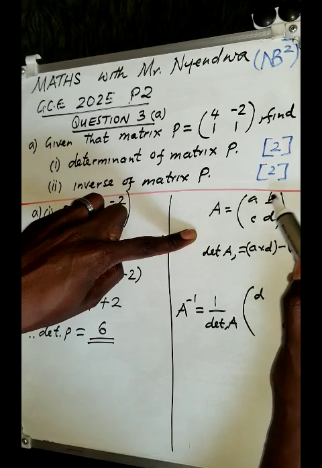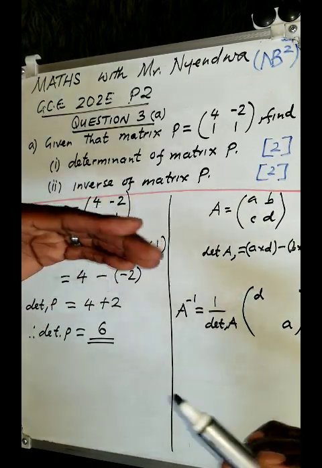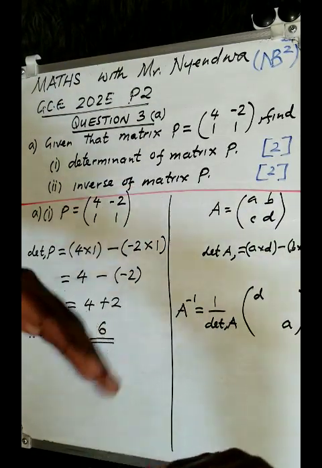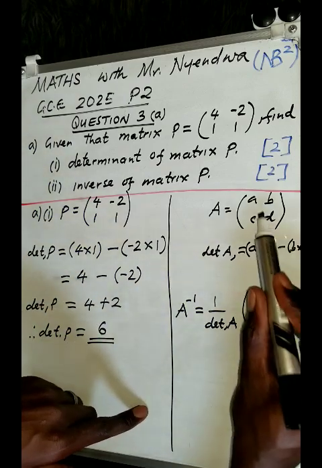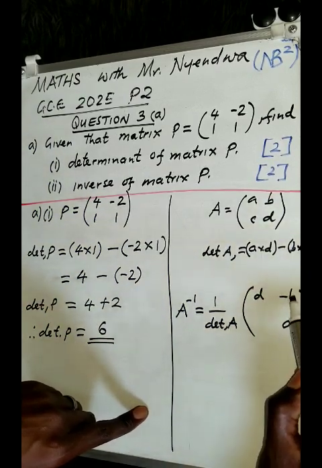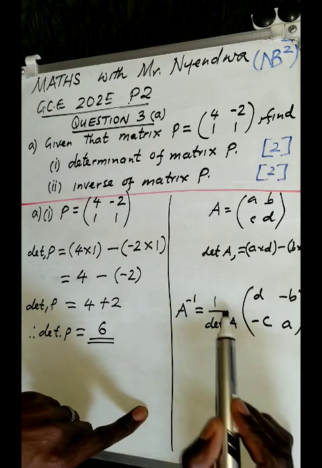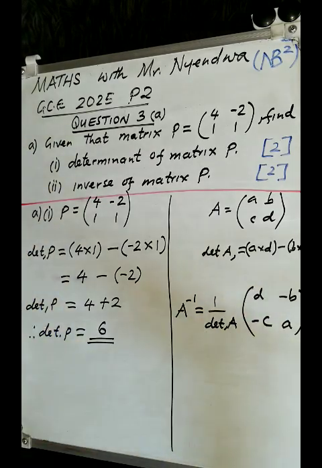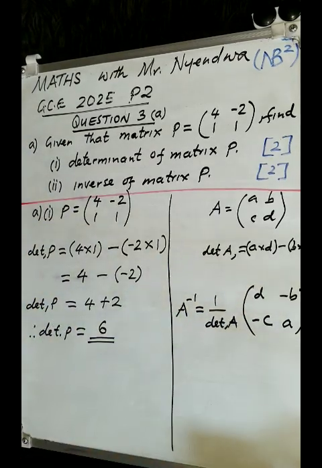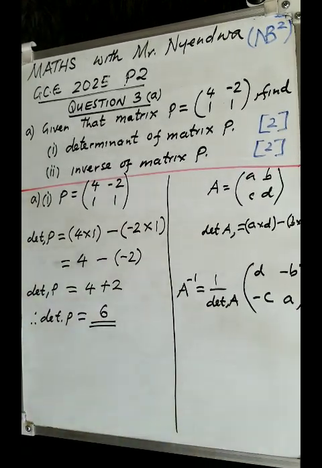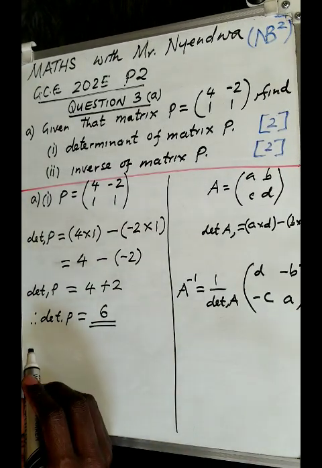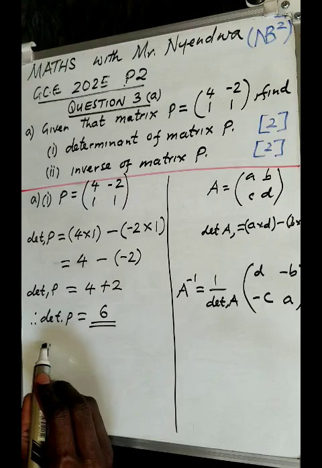For the minor diagonal, you just change the sign. If I'm positive, you give me negative. If I'm negative, you give me positive. So because these are positive, it will be negative B and negative C. You can go further, multiplying this scalar by each of the terms so that you can get the inverse. That is what they wanted you to do in the second one.